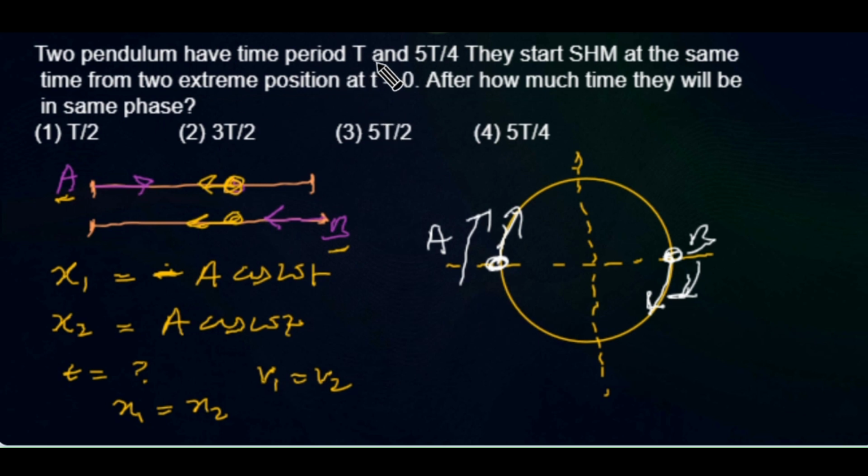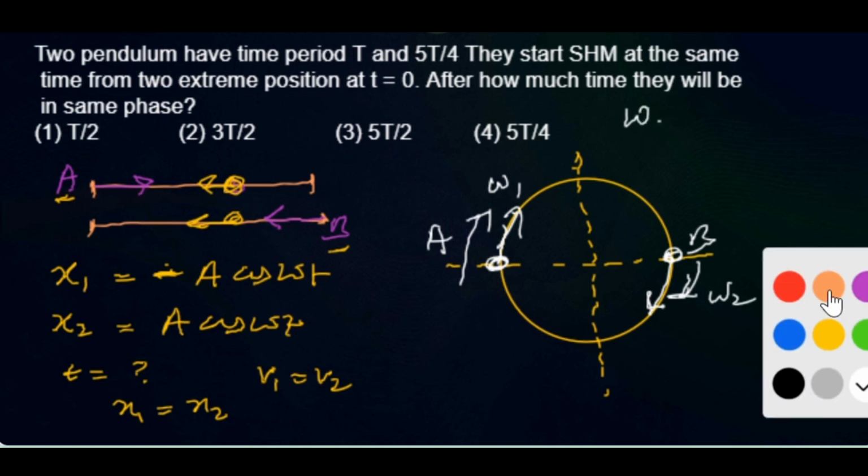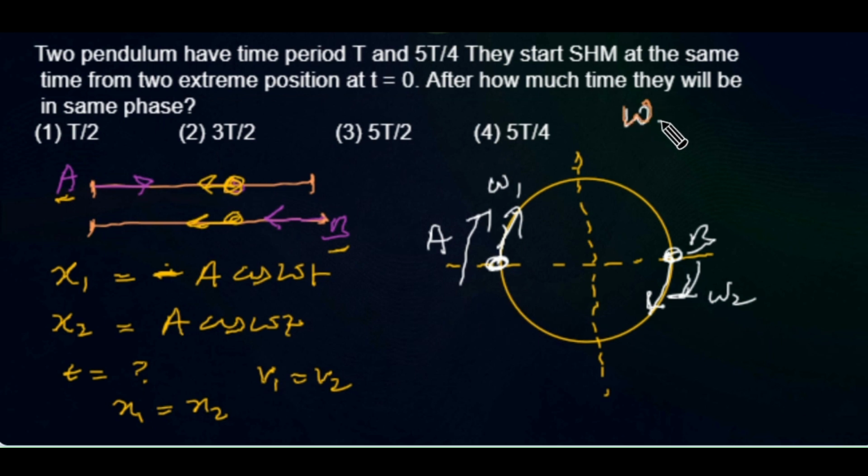But because their time periods are different, ω1 and ω2 are going to be different, right? What would be ω1? It's 2π/T. And what would be ω2, the angular velocity for the second one?